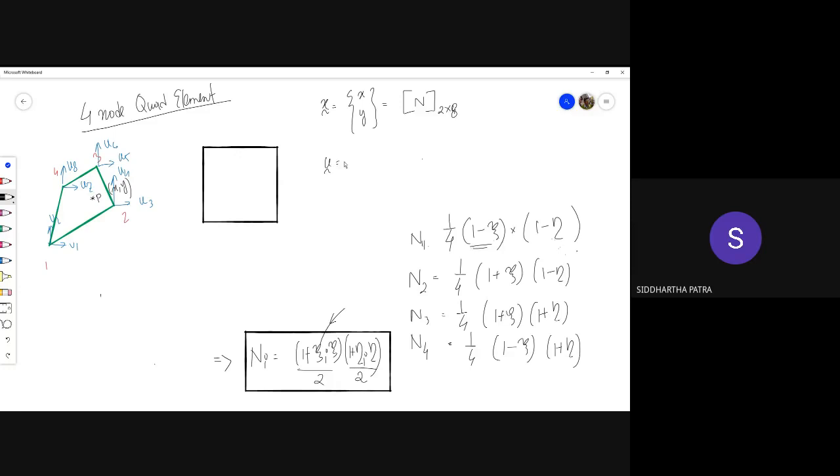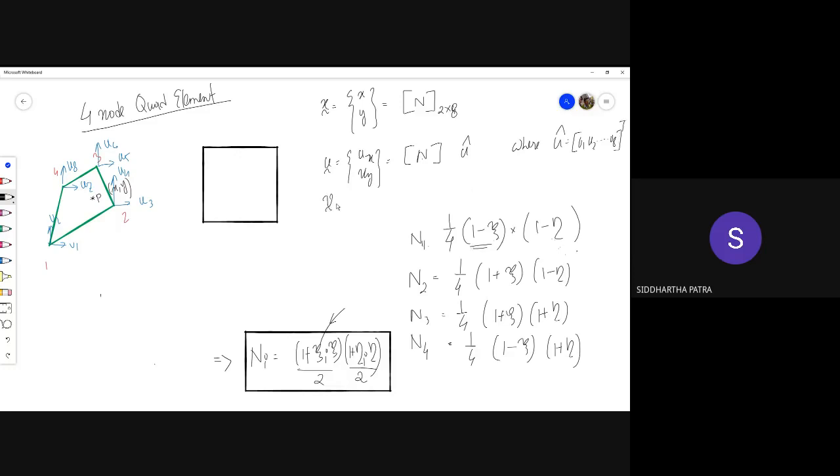So u, which is (ux, uy), is going to be N times u hat, where u hat is (u1, u2, up to u8) transpose.